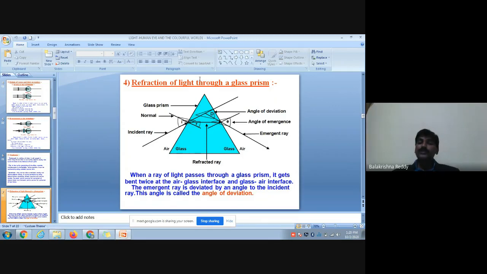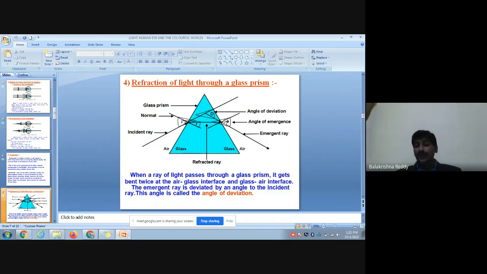If there is no prism here, it could have traveled like this, right? Here you are seeing the long distance which has extended from the incident light ray. It could have traveled like this, but due to the prism, it has bent towards the normal, and again after entering into the denser medium, it has emerged out to the rarer medium.